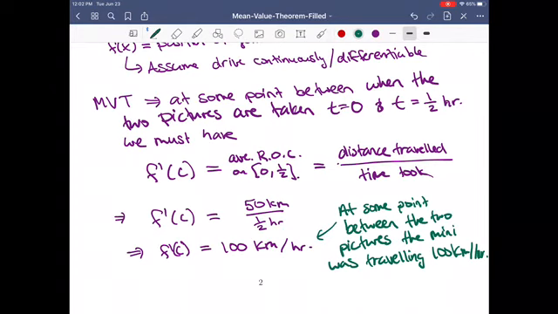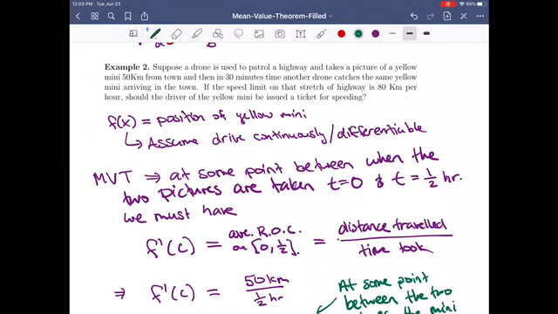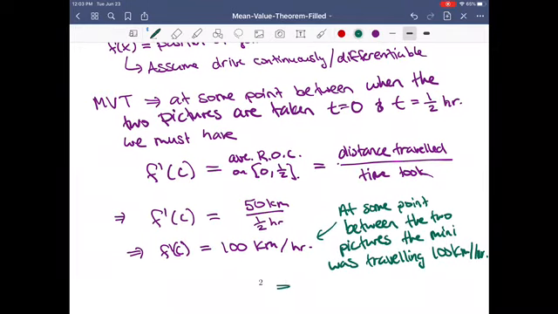So without actually seeing it happen, we know that it must have happened at some point. Maybe at many points, but at some point it has to be that. And since the speed limit was 80 kilometers per hour, they should get a ticket. So they were speeding at some point. So that's one way in which you can use the mean value theorem.